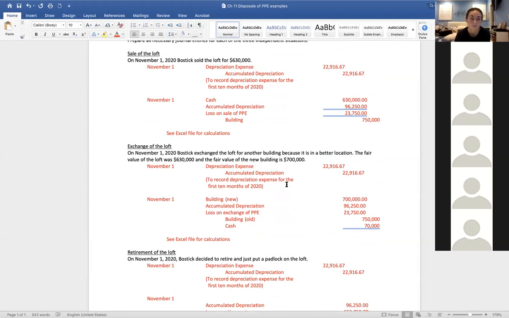Before we move on, in chapter 10, on the exchange, we said we would wait until we were dealing with exchanges to learn about the rules on exchanges. When we exchange an asset, look on page 531.